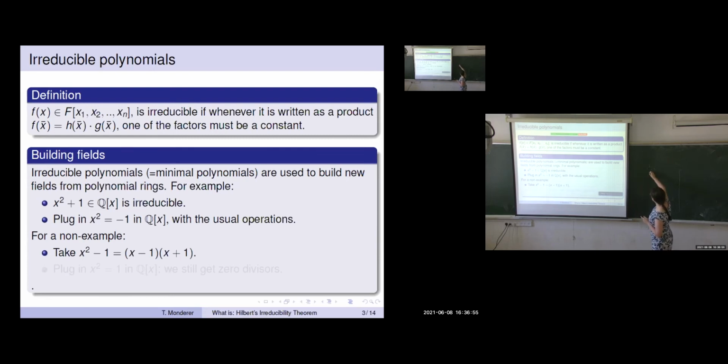I'll input 1 every time I see x squared, then suddenly we'll be able to write x -1 times x plus 1, and that will be equal to x squared -1, which is 0 if we plug in 1 instead of x squared. So we got a 0 divisor, which is bad. This is more or less how irreducible polynomials yield fields.